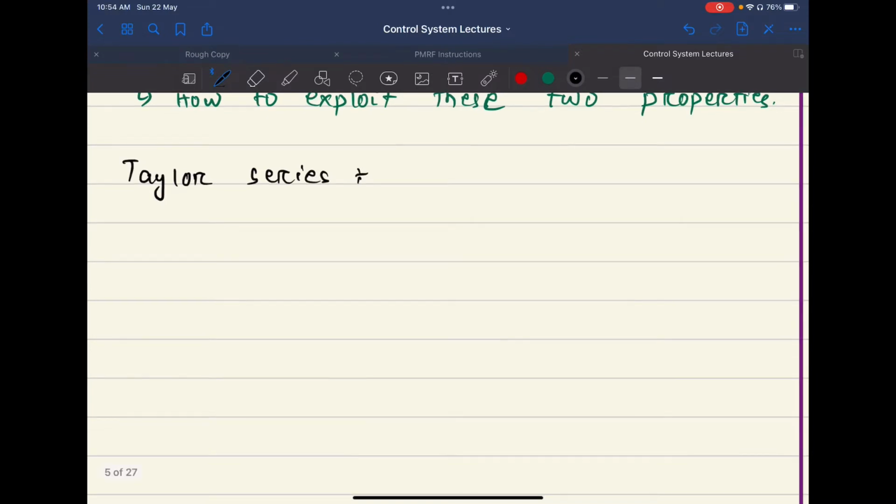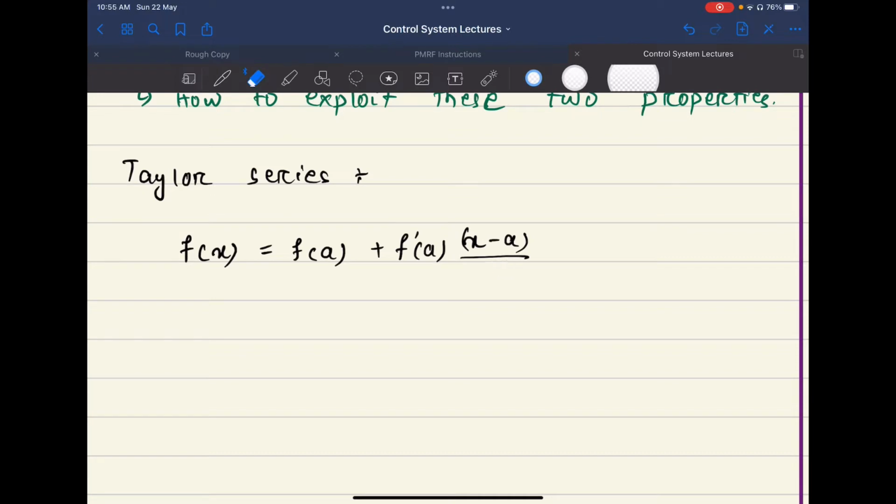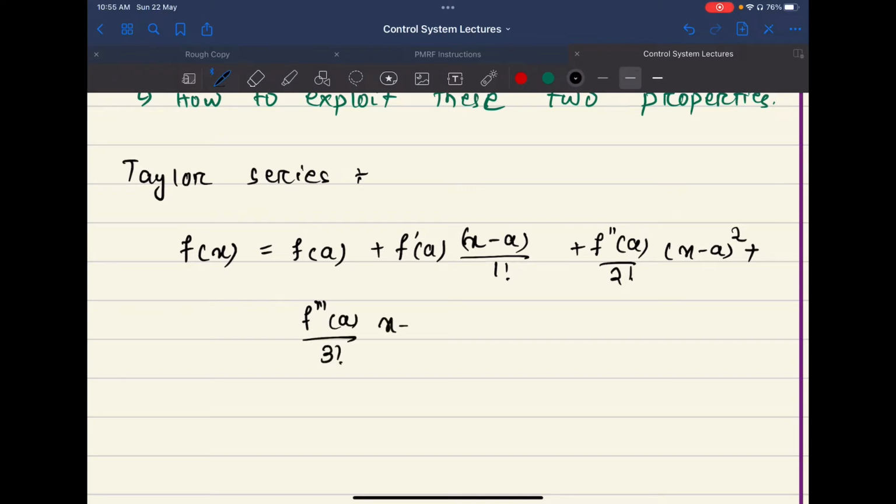Just the Taylor series. What the Taylor series says is that any function f of x, about some point a, can be written as the sum of f of a, plus f dash of a into x minus a divided by 1 factorial, plus f double dash of a by 2 factorial into x minus a whole square, plus f triple dash of a by 3 factorial into x minus a whole cube, plus some higher order terms.